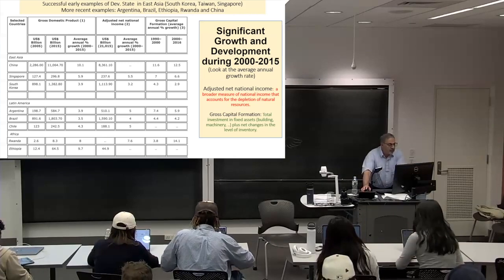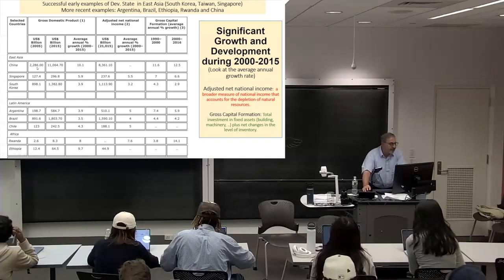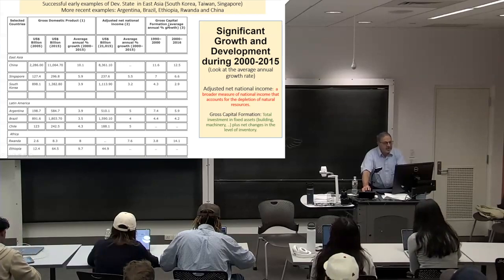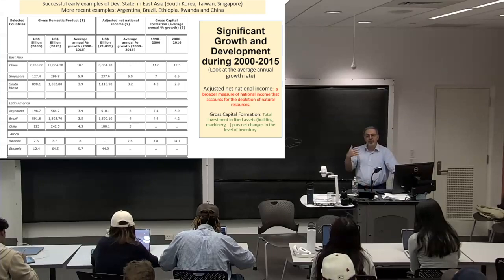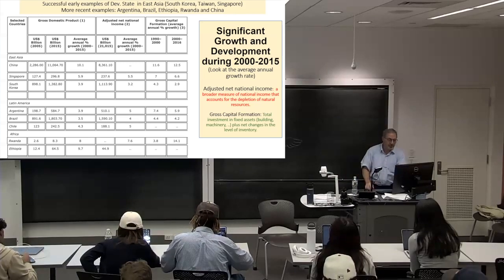And what we have here, 2 columns that are of interest. One of them is gross domestic product, and you see that we have data for 2 time points, 2005, 2015. And the other one that's interesting is the gross capital formation, the amount of investment in fixed capital, machinery, buildings, infrastructure that is important for economic growth.